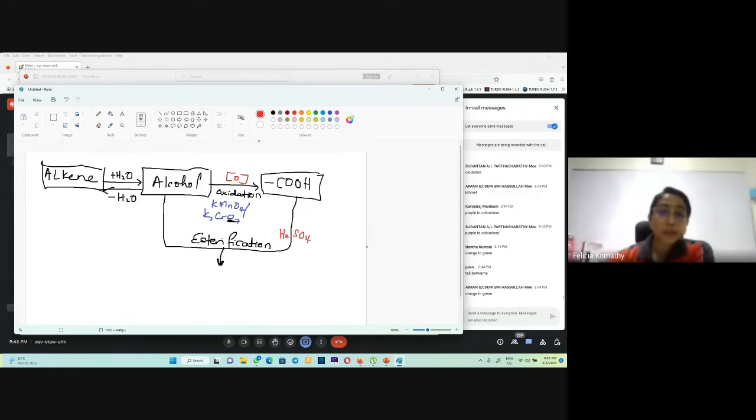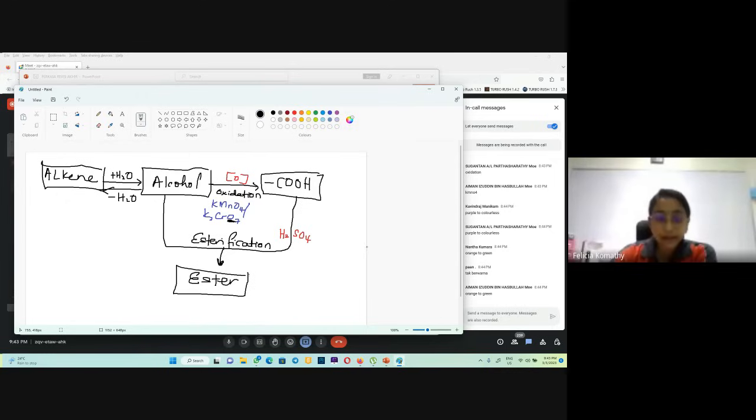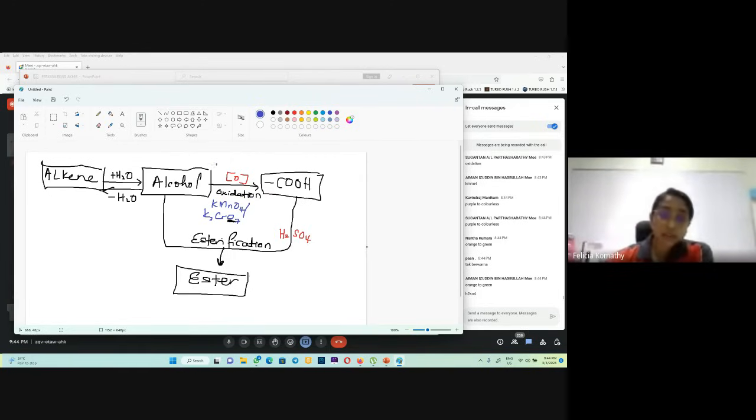So when alcohol combines with carboxylic acid, what's the product formed? Ester. Clear now with the reactions? These are the reactions you have to focus on for carbon compounds. Just now we learned 3 already, so this will be the 4th reaction, and this is the 5th reaction.